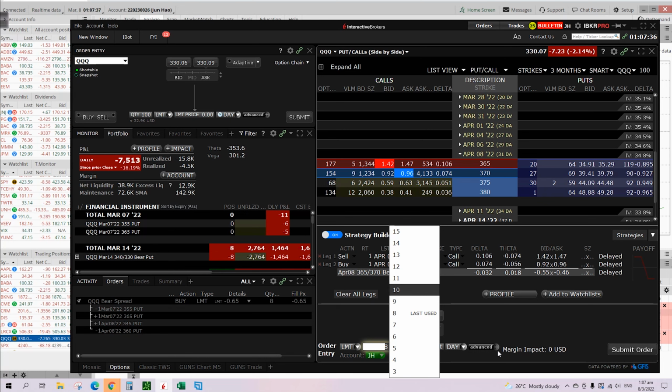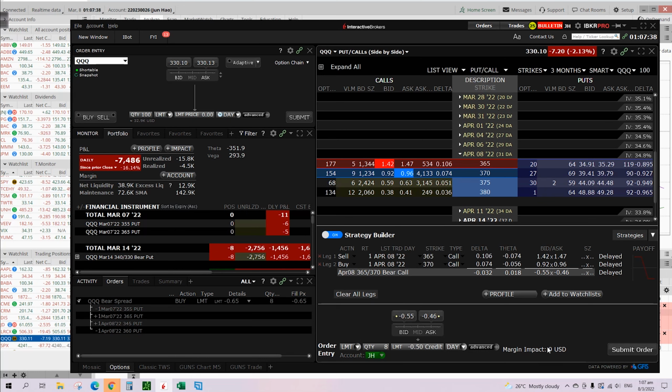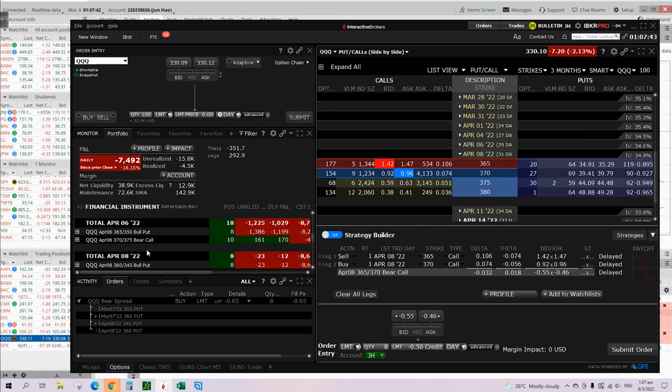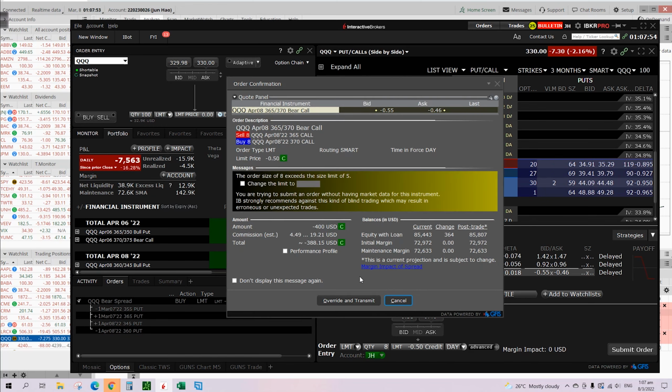Anyway, you can see our margin impact is 0 because the margin impact is being covered by our corresponding bull put spreads. Essentially, in an iron condor, because prices can only go up or down, it can only threaten one side of your trade at the same time. So we do not need additional margin for that.